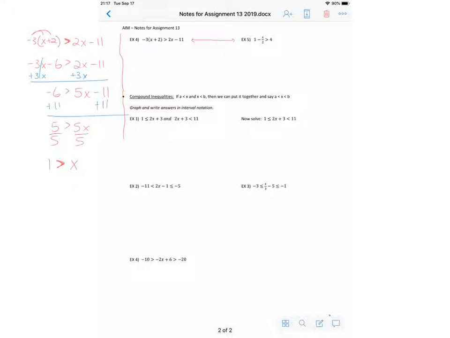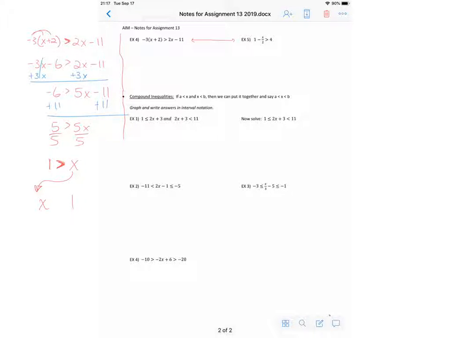Now I just got done saying on the last slide, we like having the variable on the left. So if you go through and solve an inequality, you end up with a variable on the right, quick. You want to change that. So I'm going to switch this inequality around, but as you can see here, the inequality is, if you will, eating the one.